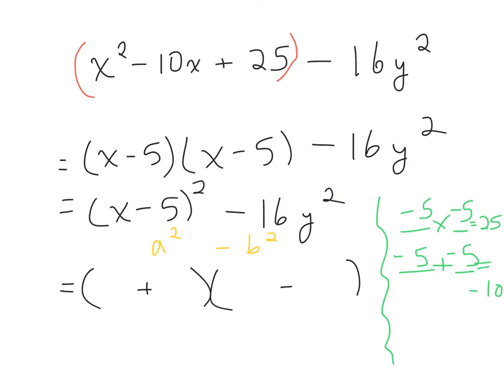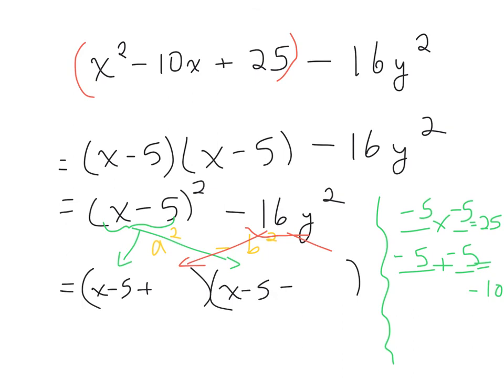I'm going to take the square root of my first term and put it in each of the brackets. So the square root of x minus 5 all squared is simply x minus 5. Then I'm going to take the square root of my second term and put it in each of the brackets as the second term.